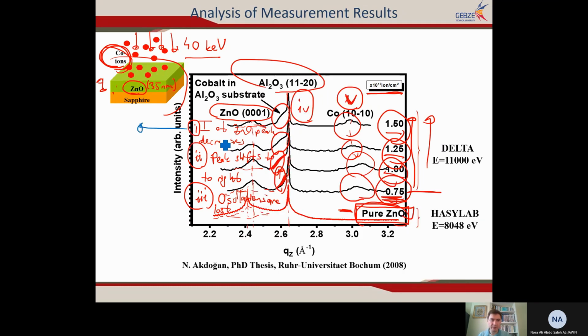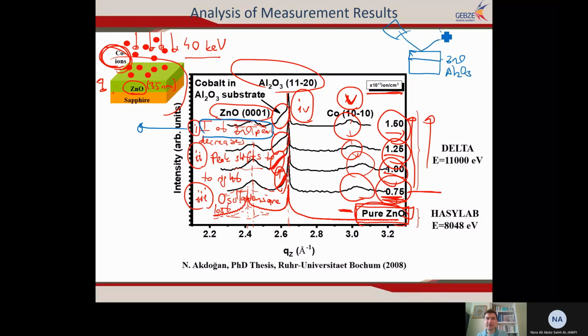The intensity of the zinc oxide peak decreases. Why does the intensity decrease? What is the meaning of intensity? Here we have a zinc oxide material, and here we have aluminum oxide, and here we have an X-ray source, and here we have an X-ray detector.